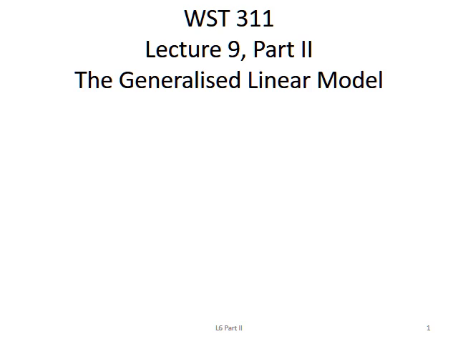In this lecture, we will consider the generalized linear model. The generalized linear model is an extension of the general linear model. The general linear model included the multiple linear regression model.